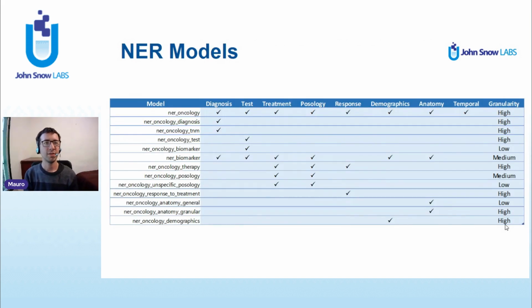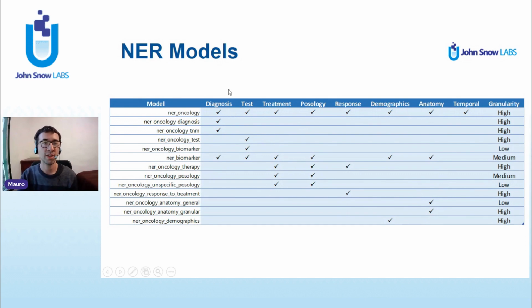In this slide, you can see a list of oncology-specific NER models. There are other models in Spark NLP for healthcare that also extract oncology-specific entities, like NER-JSL, but I didn't include it here because that's more generic. You can see a list of more than 10 models, and you can also see the group of entities that each model extracts.